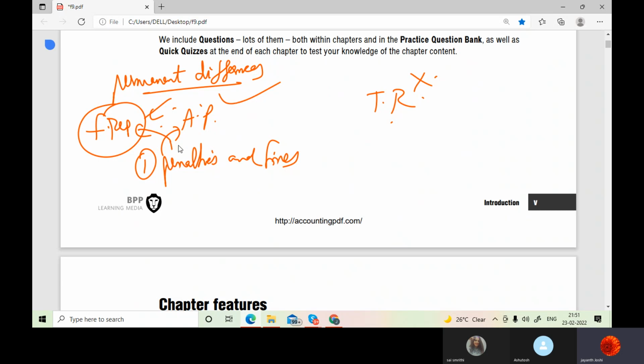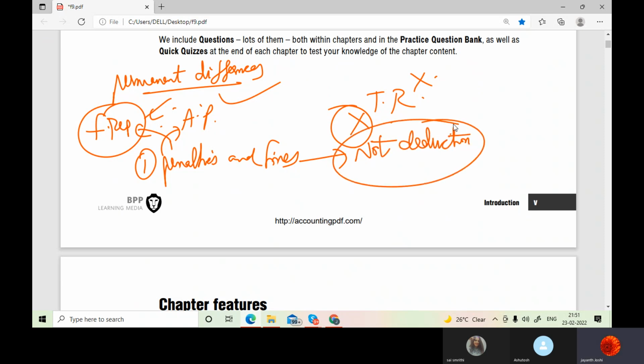So they will show it as an expense, but that cannot be shown in the tax returns. It's a personal thing for the company. This is not deductible. That means deduction is not given for this in the tax returns. Only it can be shown in the accounting profits. Correct? That means this is allowed in the sense it can be shown in the accounting profits, but disallowed in tax when you prepare the tax returns.